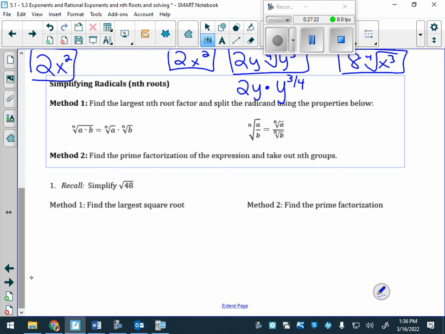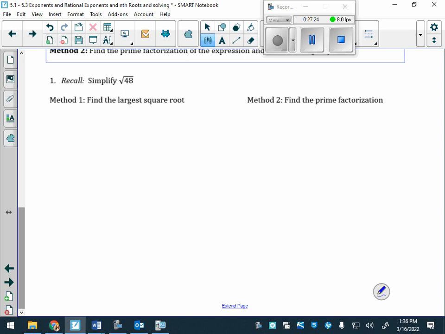So if we recall the square root of 48, if I want to look for the largest square root that's a factor, what would it be? Caitlin? 16. So when I'm simplifying the square root of 48, I'm looking for the highest perfect square. The square root of 16 is 4, so 4 root 3.